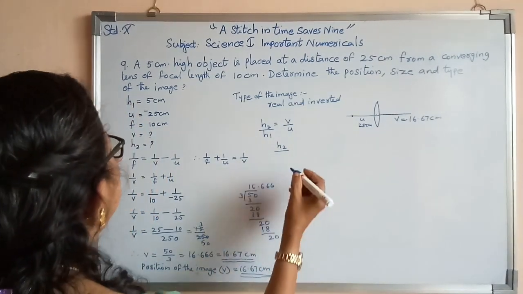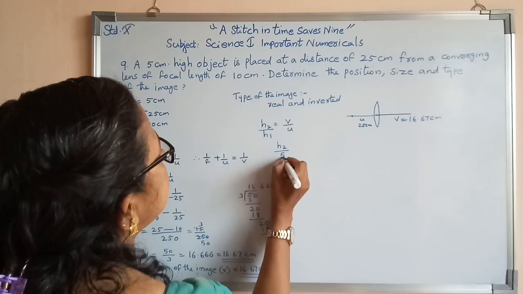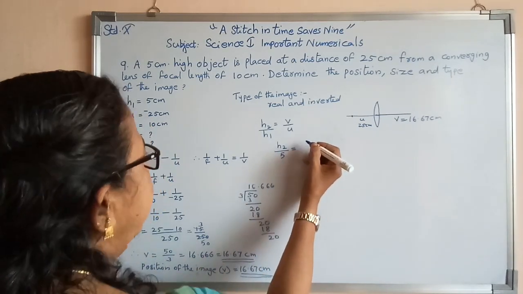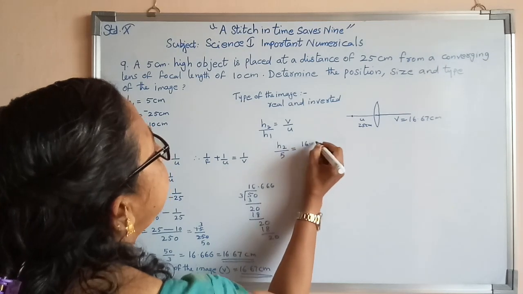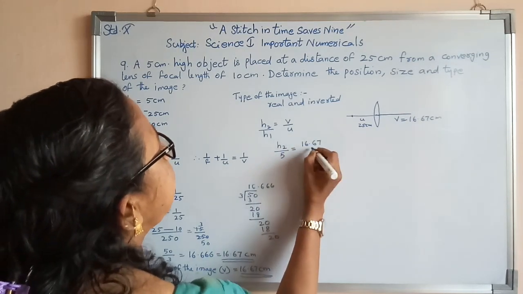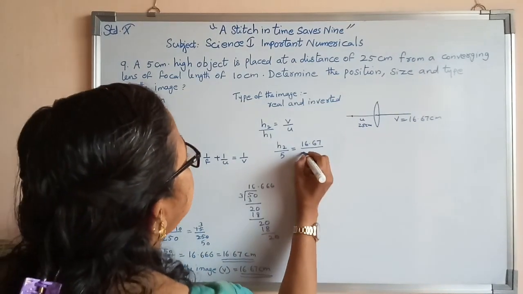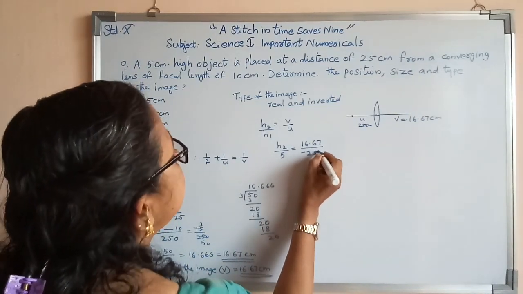H1 is 5 centimeter. Then that is equal to V, which we have already got, 16.67 centimeter, upon U. U we have got, that is minus 25 centimeter.